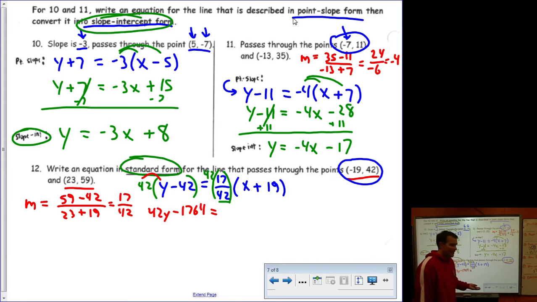On the right side, the 42's cross cancel, so when I multiply 42 times 17 over 42, I'm left with 17. And then I would distribute the 17 to the next thing. 17 times x is 17x. And 17 times 19 is what, 340, 323?